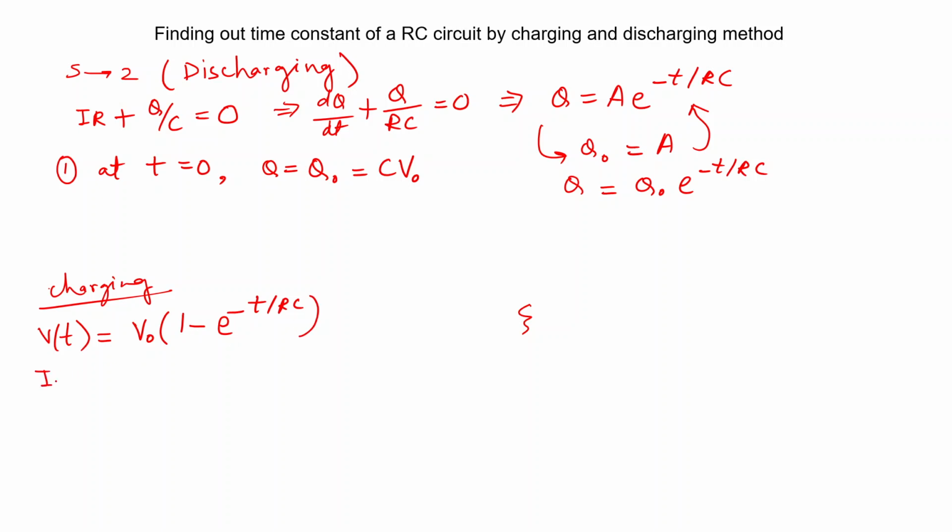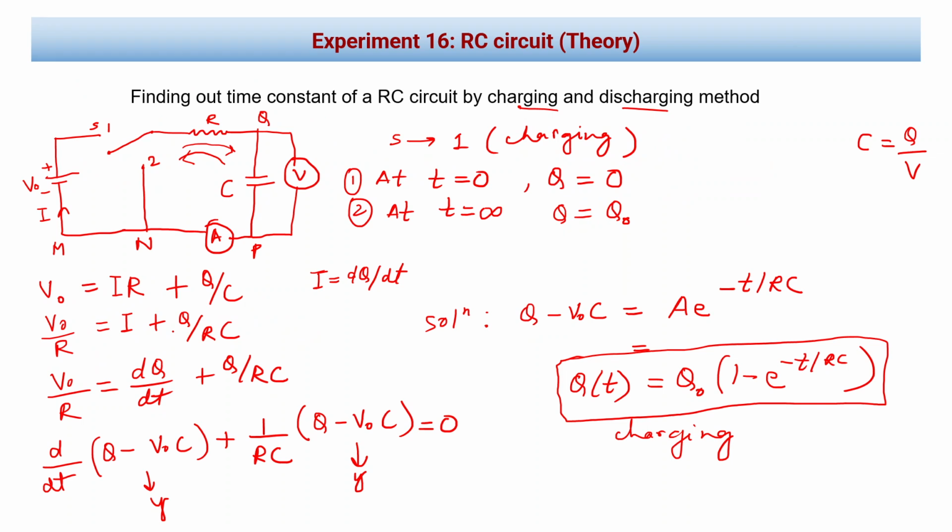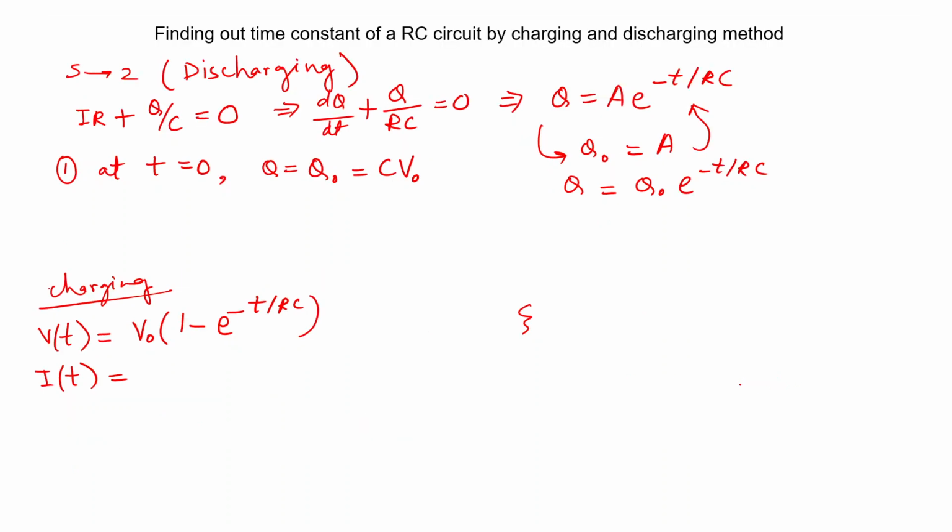And the current flowing in the circuit, which is the time derivative of charge, since we know the expression for charge, will be I naught e to the power minus t by RC. So this is how the voltage and the current vary during charging of the capacitor.